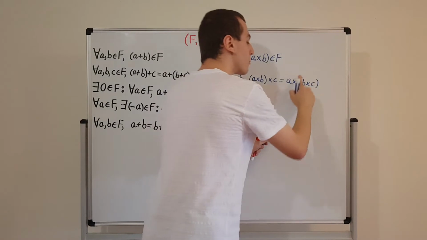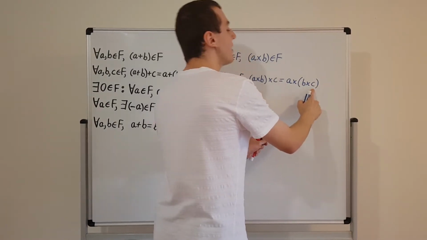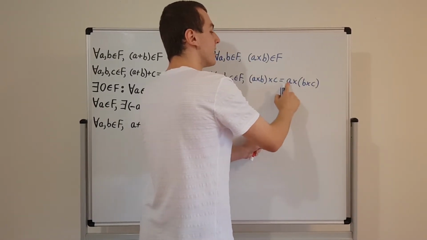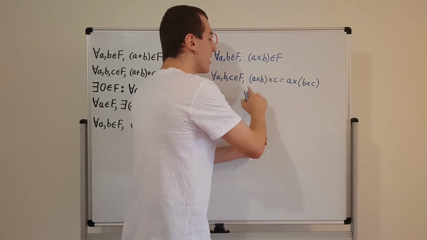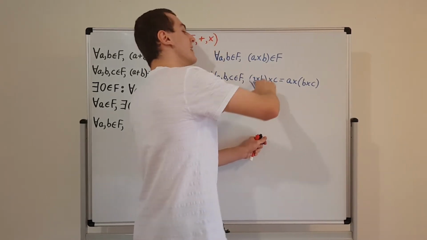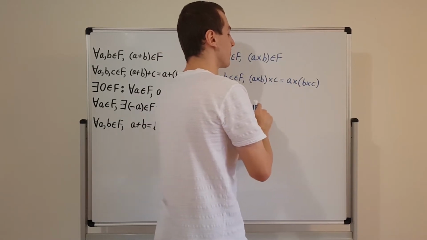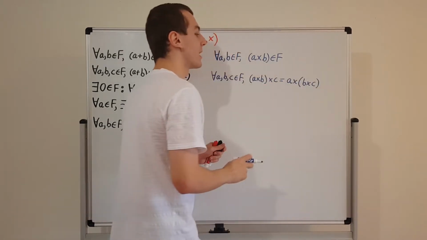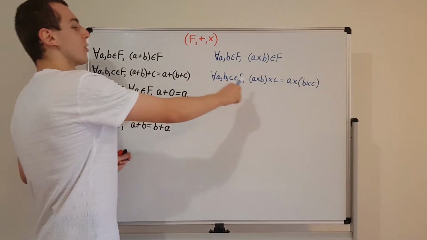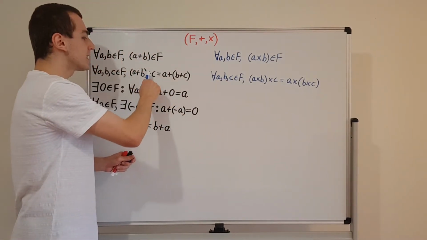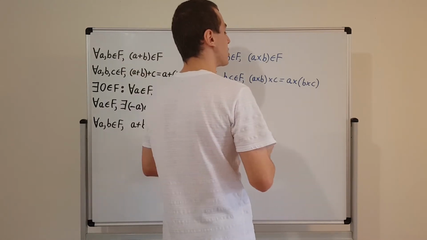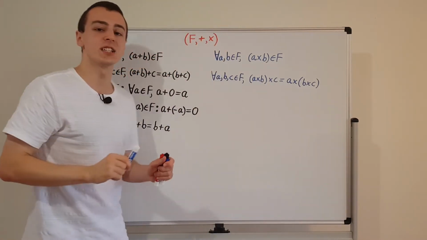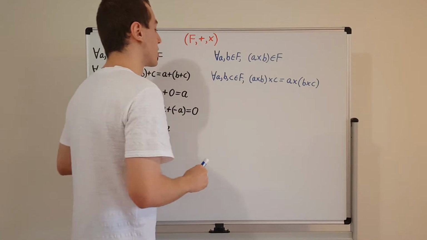So over here we're taking the product of b and c, and then we're taking the product of the result with a. And on this side we're taking the product of a and b, first evaluating the result of that, and then taking the product with c. So this grouping does not matter. That is analogous to this over here. All we've done is change the plus sign to a multiplication sign. So addition has changed to multiplication. So associativity is satisfied for both of these operations.